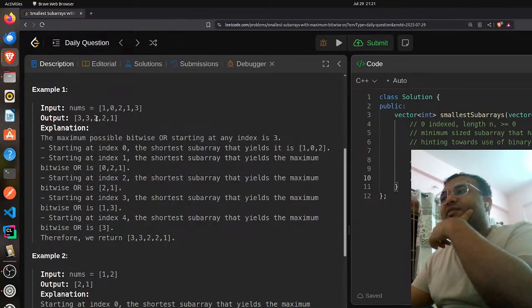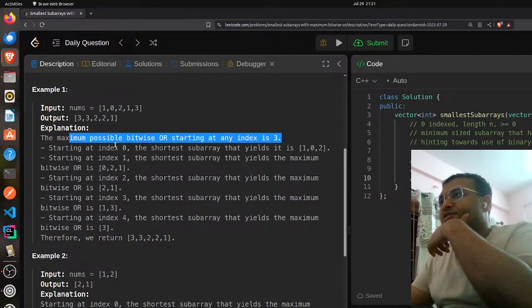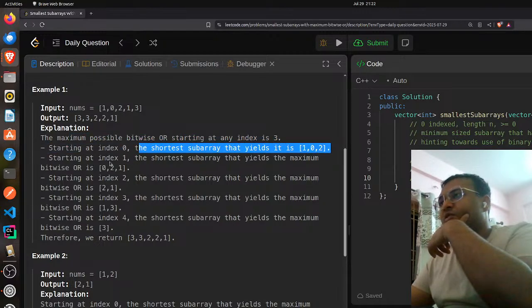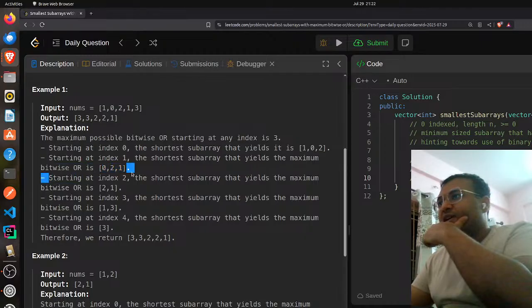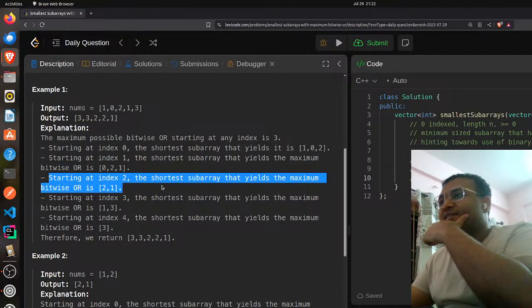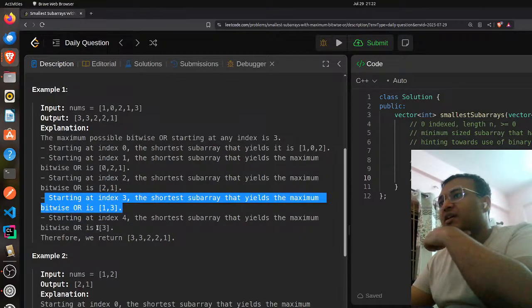In the example, we can see that the maximum bitwise OR starting at any index is 3. Starting at index 0, the shortest subarray that yields it is 1 0 2. Starting at index 1, the shortest subarray that yields the maximum is 0 2. Starting at index 2, the shortest subarray that yields the maximum bitwise OR is 2 1. Starting at 3, the shortest subarray that yields the maximum bitwise OR is 1 3.